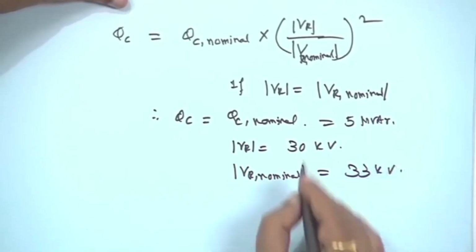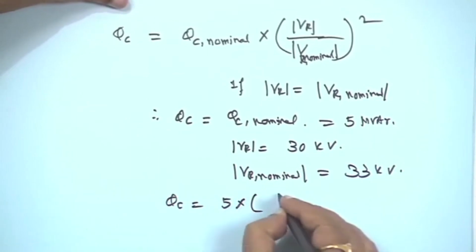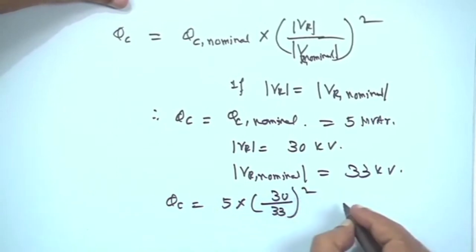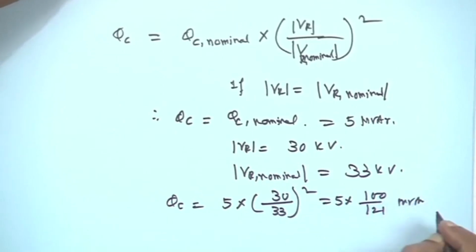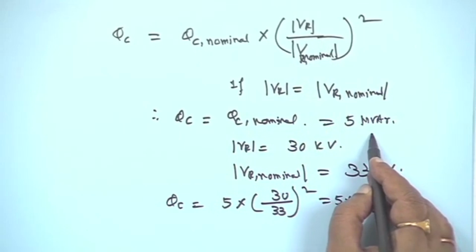That means QC is equal to 5 into (30 by 33) whole square, that means 5 into 100 by 121 megavar. So that means only at rated voltage will this 5 megavar be injected into the network.